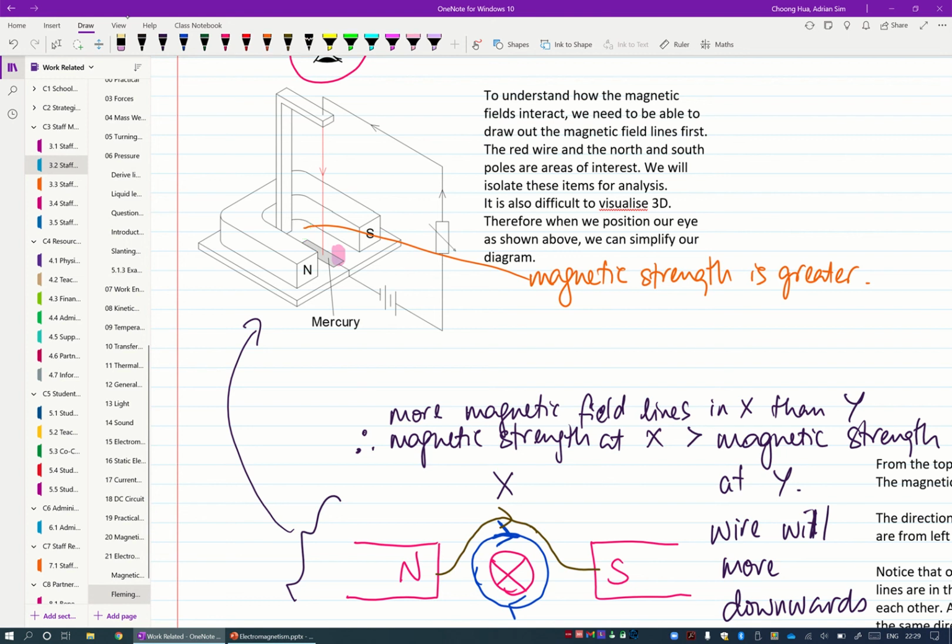Sorry, I think I'll label this X and Y to give more clarity. So this is actually X and this is actually Y. So the magnetic strength is actually greater at X. Therefore, my red wire will deflect here. You swing in that direction.